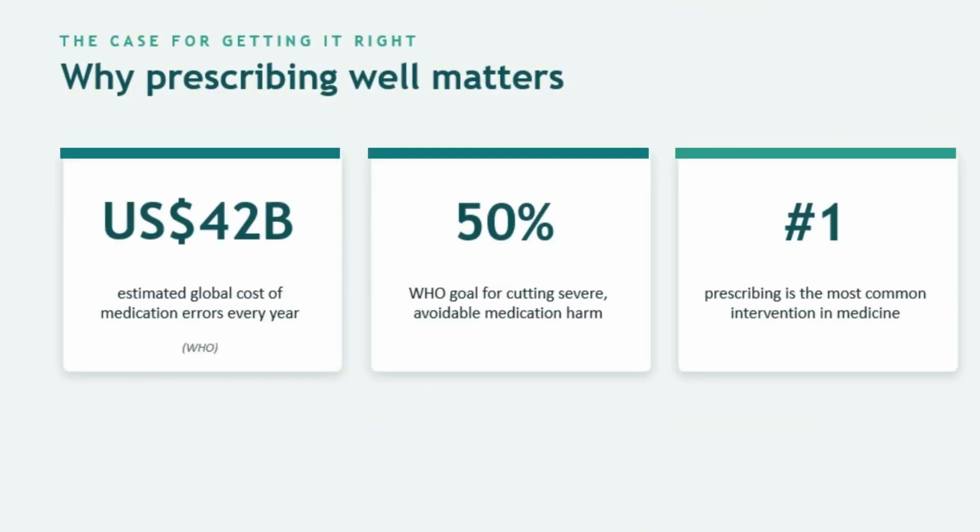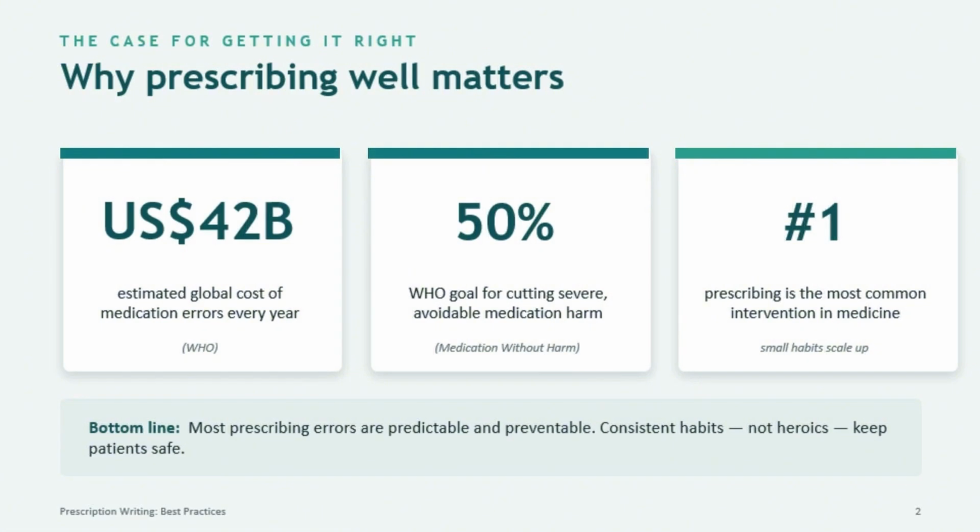So let me start with why this matters so much. Prescribing is the single most common intervention we make in medicine, and that means even small habits, good or bad, get repeated thousands of times. The World Health Organization estimates that medication errors cost around $42 billion every single year, and through its Medication Without Harm initiative it set a goal of cutting severe, avoidable medication harm in half.